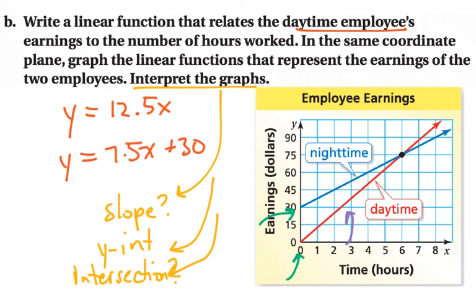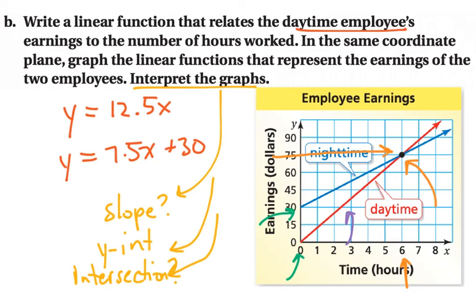Finally, though, we want to talk about the intersection, as that obviously connects the two different functions. We see that the lines intersect when time is at 6 hours and when the earnings is at $75. So what do we know?